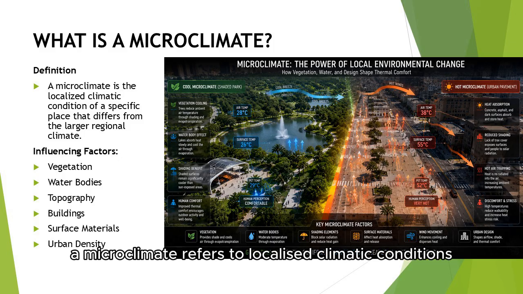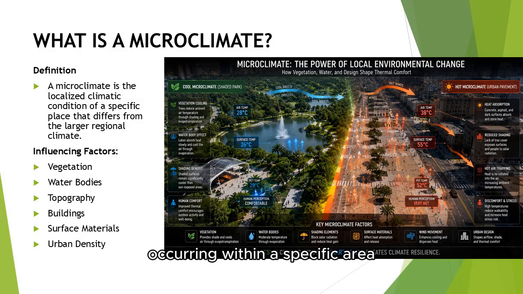A microclimate refers to localized climatic conditions occurring within a specific area. Even within the same city, two sites can experience completely different environmental conditions. Consider these examples: a shaded park, an asphalt parking lot.